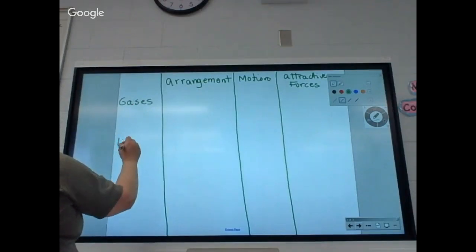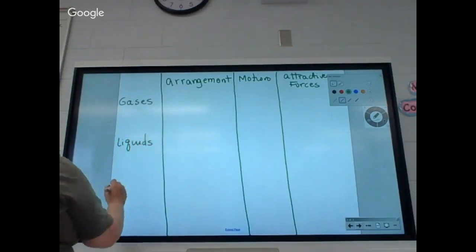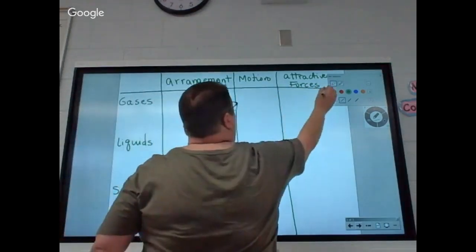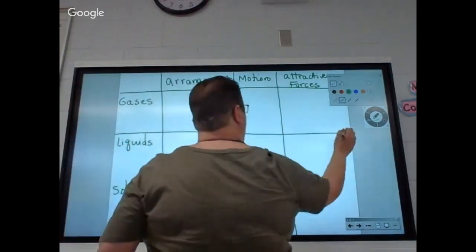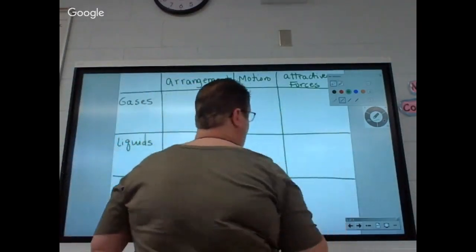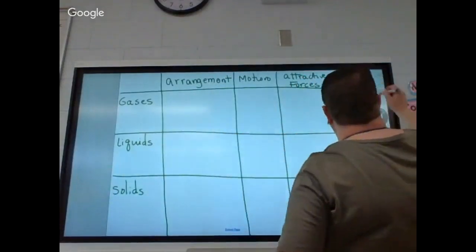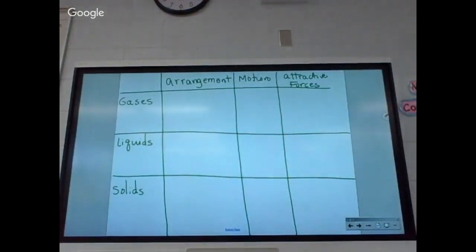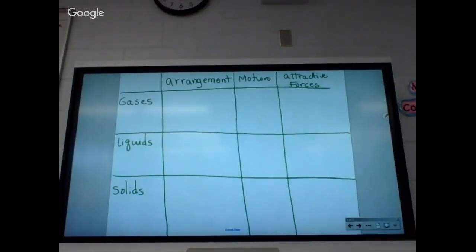Then for liquids and for solids. Now, based on those pictures and what we know about the three states of matter from our other science classes, we should be able to describe the arrangement, the motion, and the attractive forces of solids, liquids, and gases.